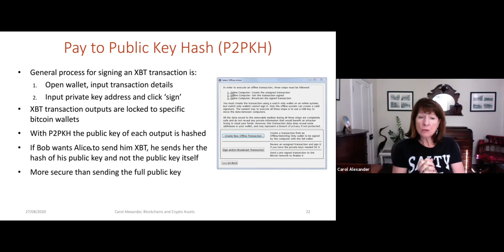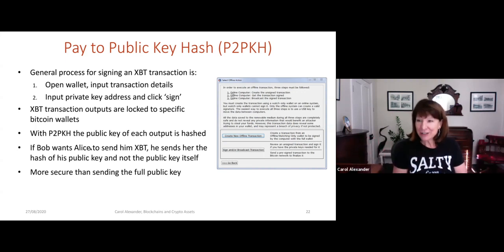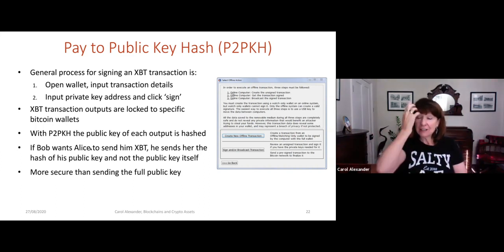So all the outputs are linked to specific Bitcoin wallets, and with this P2PKH, actually you're putting in not the wallet's actual public key, which is a 64-bit hex in Bitcoin, but a different 64-bit hex, which is the hash of the SHA-256 hash of the actual public key. And it just makes it a little bit more secure.